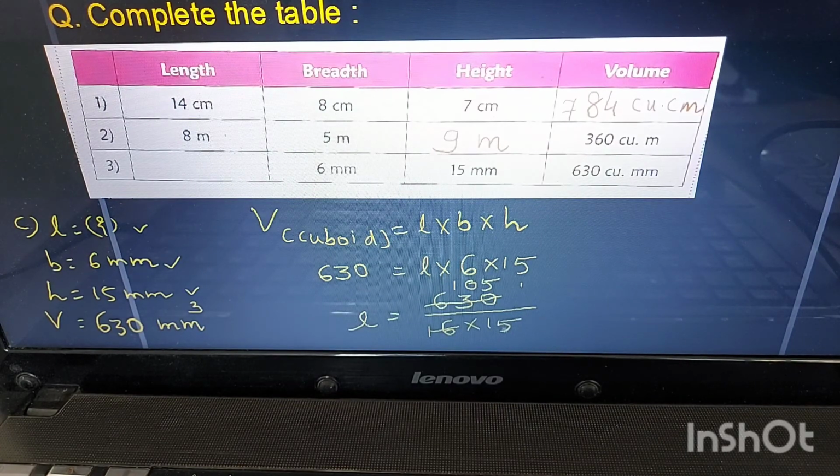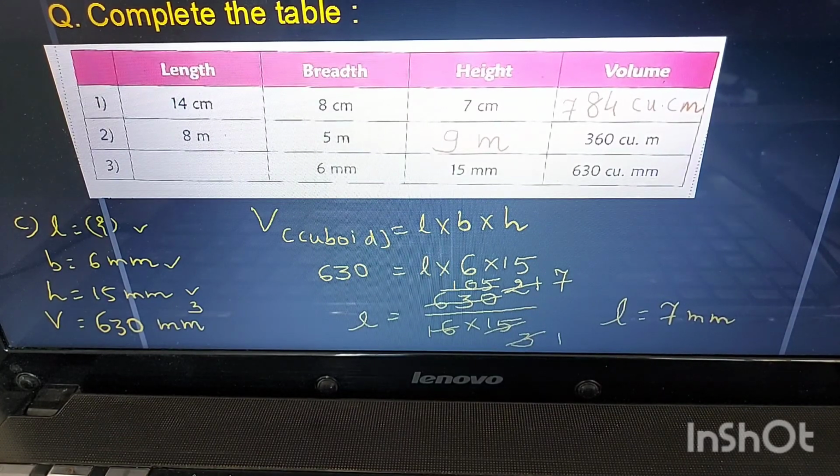So both the numbers are divisible by 5. So you may have done like this: 5 3s are 15, then 5 2s are 10, and 5 1s are 5. Now the numbers are divisible by 3. So you will have 3 1s are 3 and 3 7s are 21. So you will have L is equal to 7 millimeters. Right? And then you will fill up in the box how much is the length, that is 7 millimeters. Right?